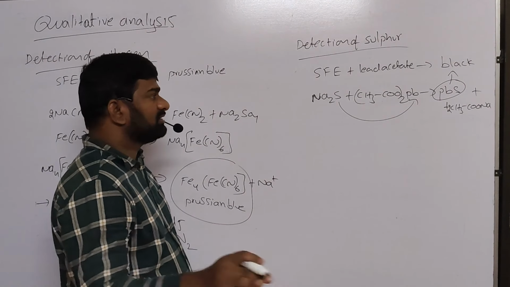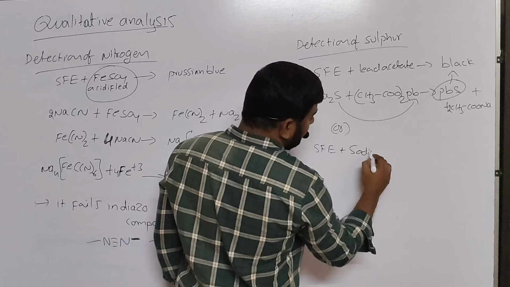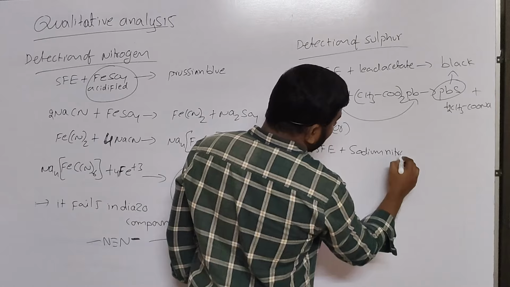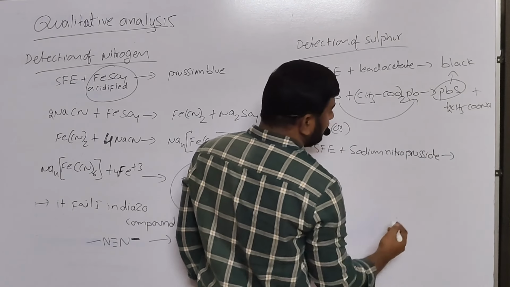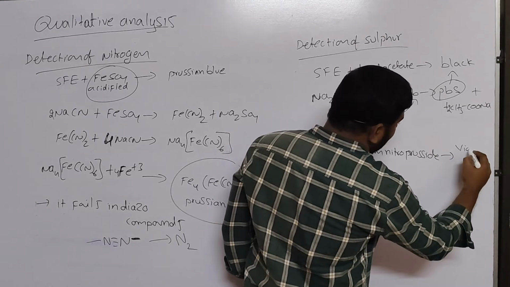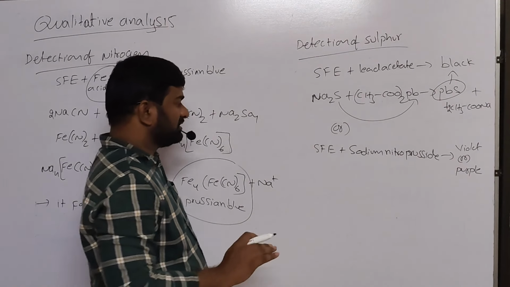For sulfur, to the SFE, if you add sodium nitroprusside and you get a violet or purple color, in this case also sulfur is present.